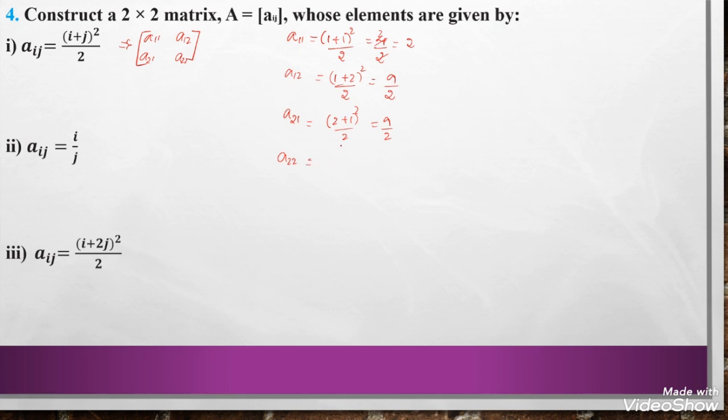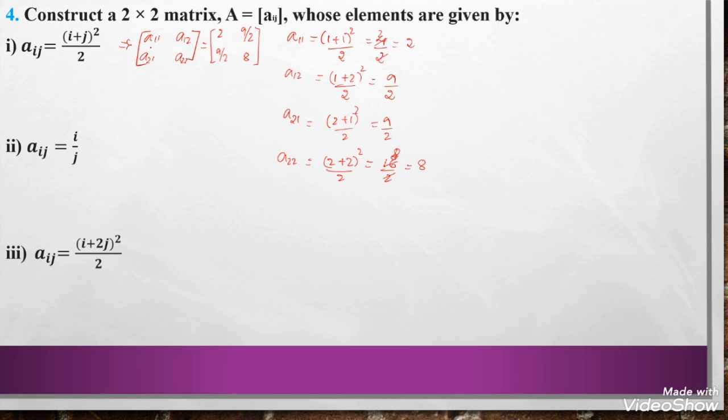For the fourth element, 2 plus 2 whole square divided by 2. 2 plus 2 is 4, 4 square is 16 by 2, so it becomes 8. Now put the values in the matrix: first element 2, second 9 by 2, third element 9 by 2, and 8. This is the construction of a matrix.